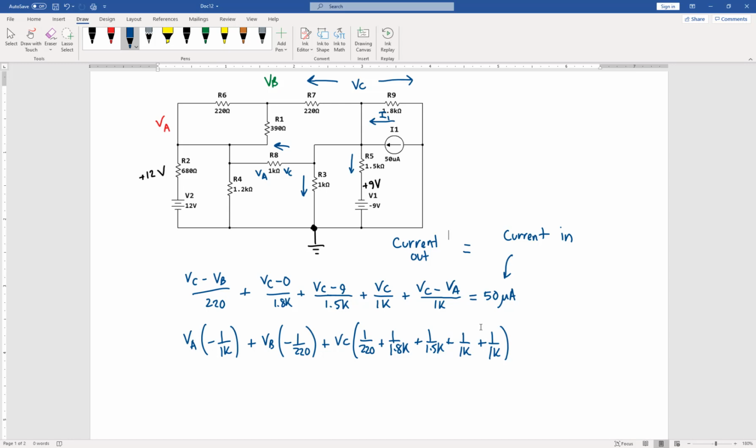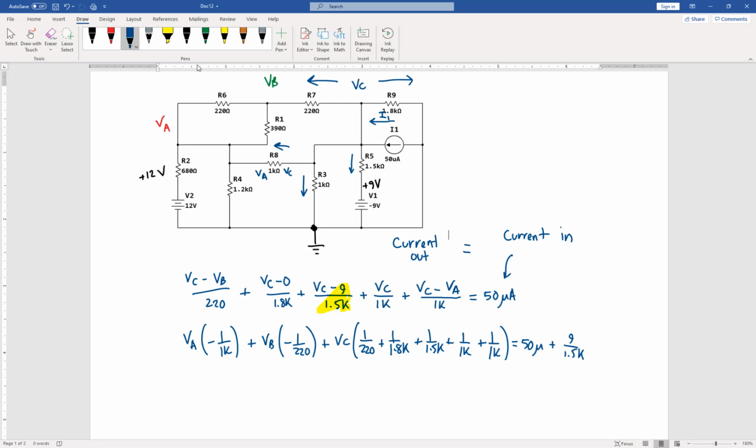Okay, so then we also have one more term. That's this term over here. So that term is negative 9 over 1.5k. So I'll just move that over to the right hand side. And then it'll become positive.